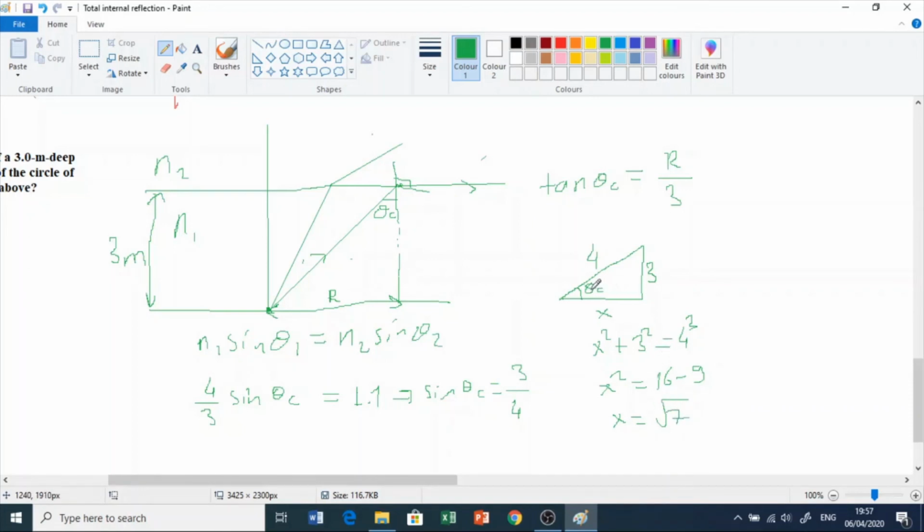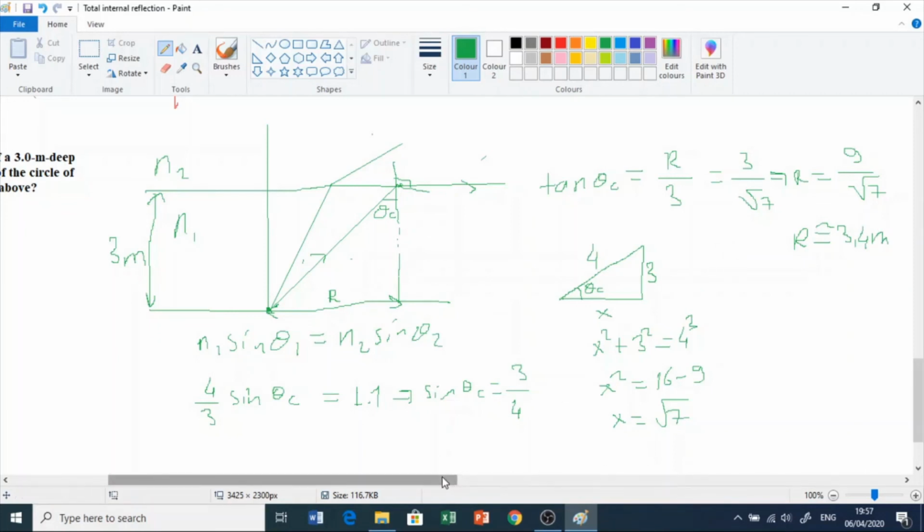The tangent of theta critical is 3/x, and x we found is square root of 7, so tangent of theta critical is 3/square root of 7. So from here r will be equal to 9/square root of 7. If you calculate it, approximately it will be 3.4 meters.